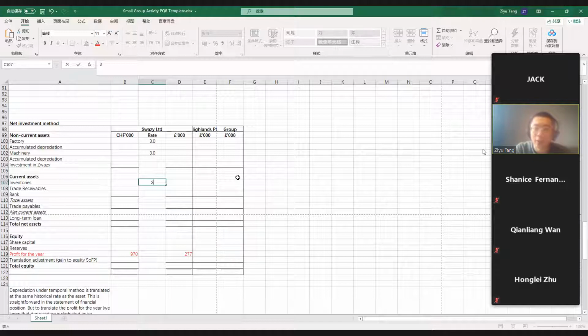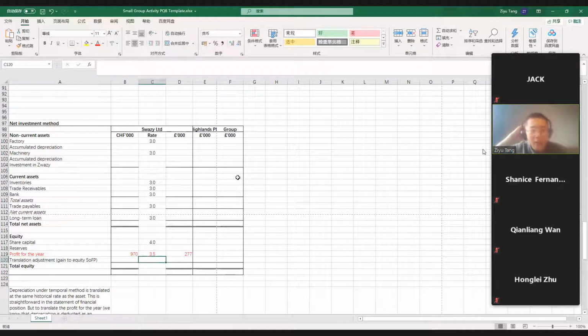And trade receivable, because we don't separate monetary asset and non-monetary asset anymore, trade receivable 3, bank 3, trade payable 3, non-current long-term loan 3. Okay, and equity share capital is the same as before. It's 4 and 3.5.